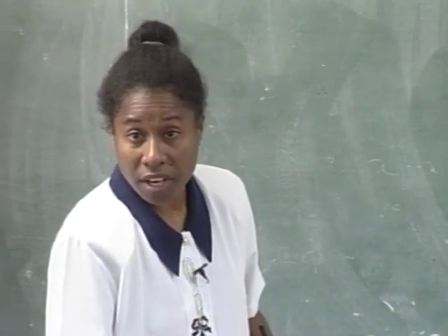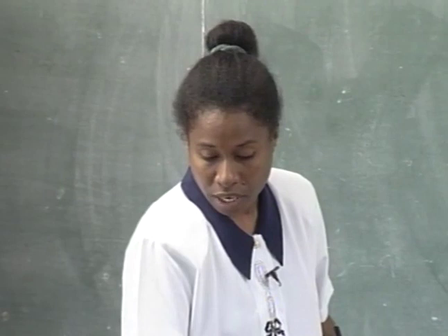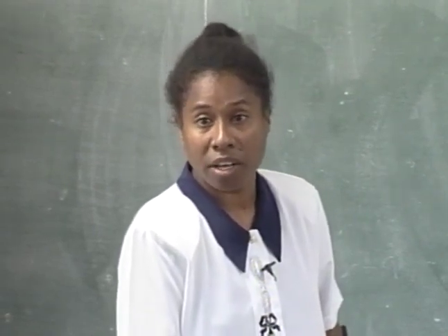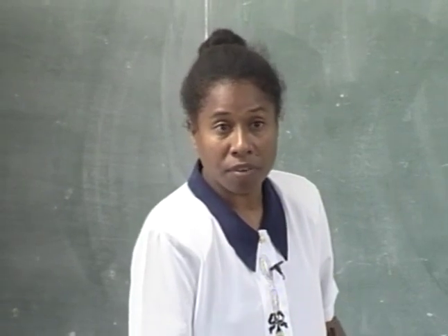So without further ado, we'll move on now to the topic that I'd like us to look at for our lesson today, and that is looking at other features besides volcanoes which are a result of volcanic activities.